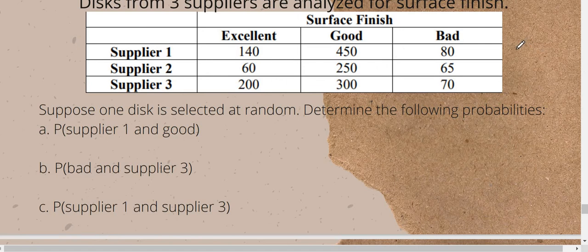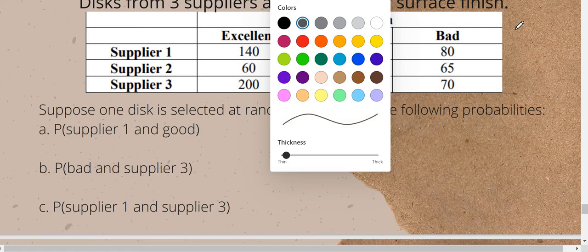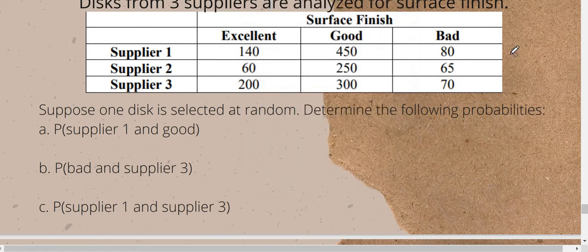For supplier 1, the total will be 670. You just add all of these for supplier 1 only.